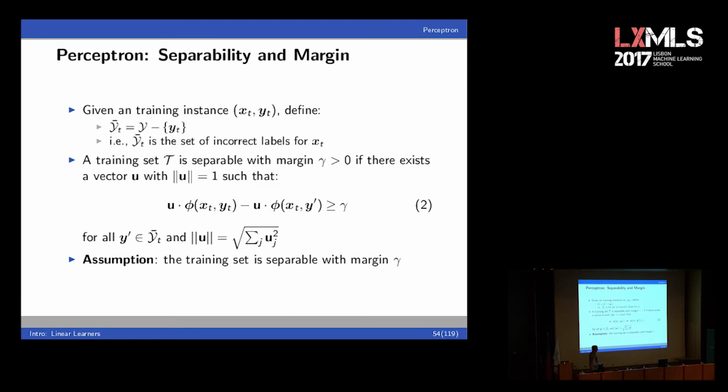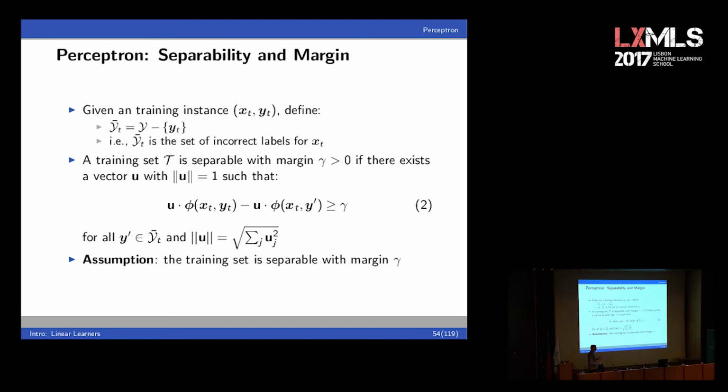Margin greater than 0 means it's always possible to find a weight vector with norm 1, now called U, such that the weight that you assign to the correct training example, the gold standard example, is larger than any other example by a margin of gamma that's greater than 0.